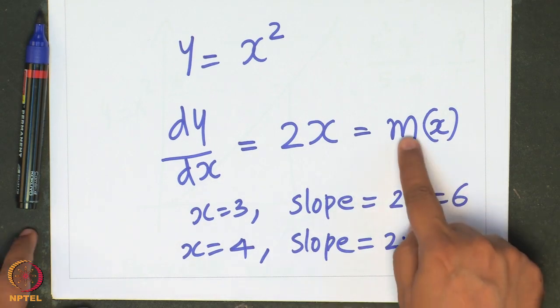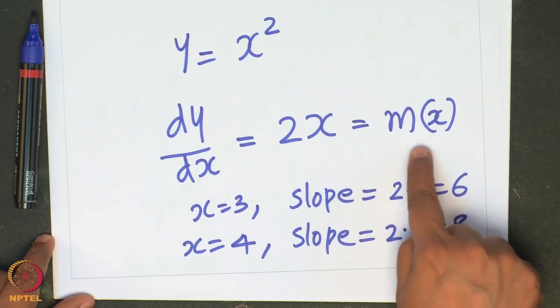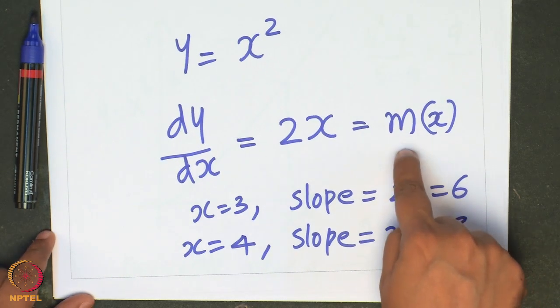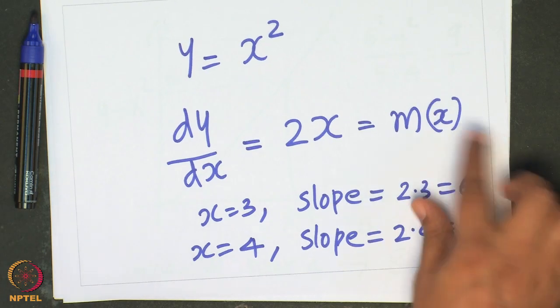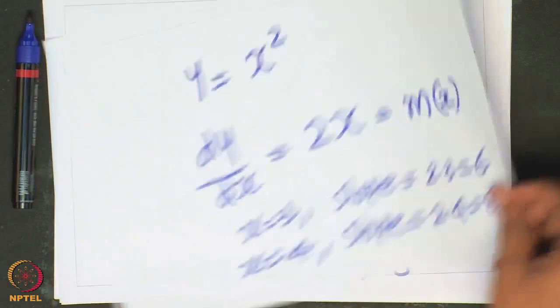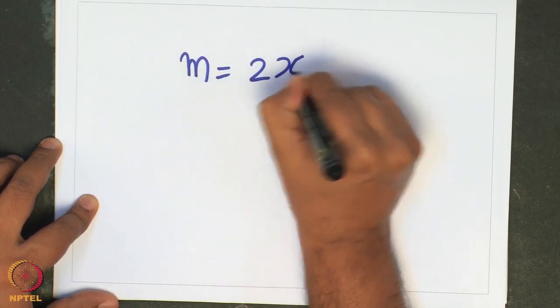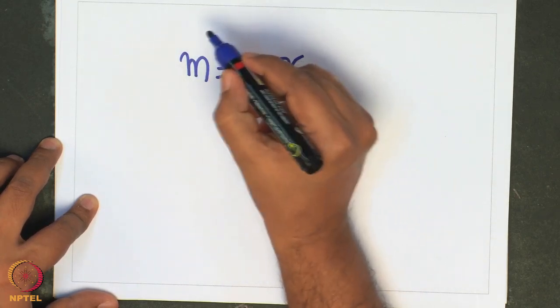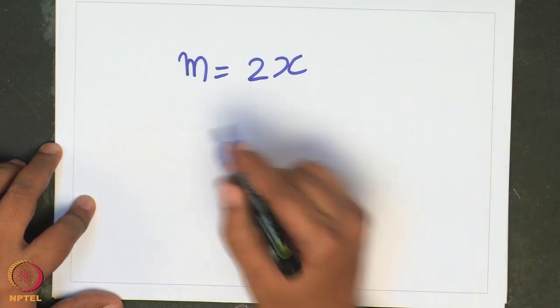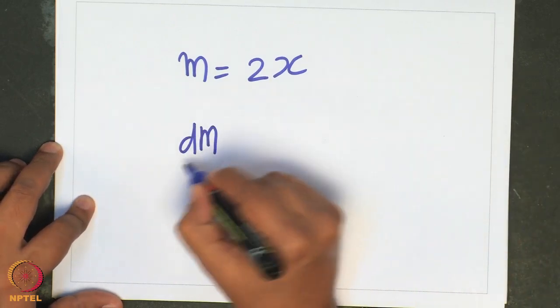This also means that we can take the derivative of m. So you have m is equal to 2x, which is the slope. You can also calculate dm by dx.